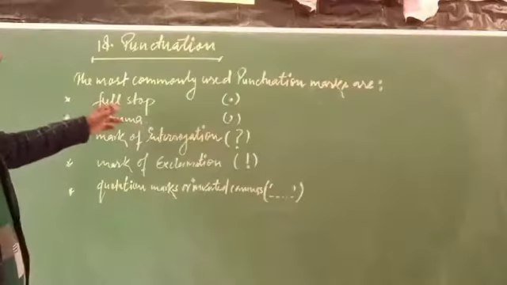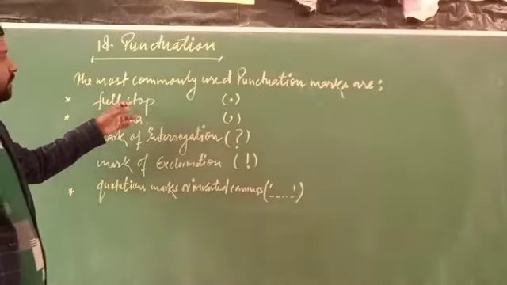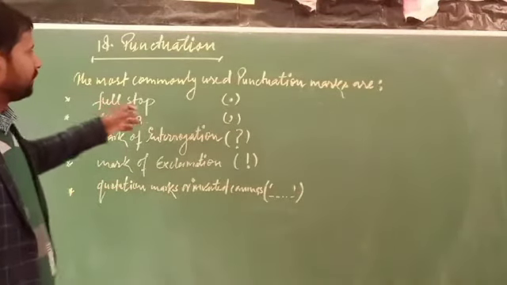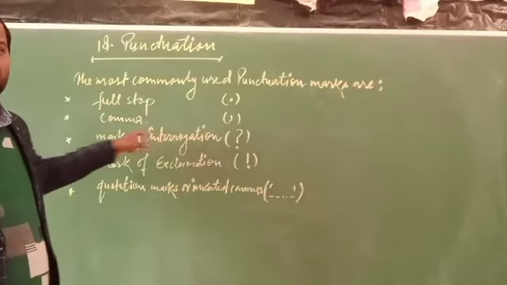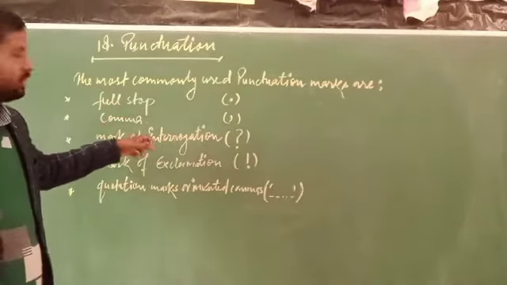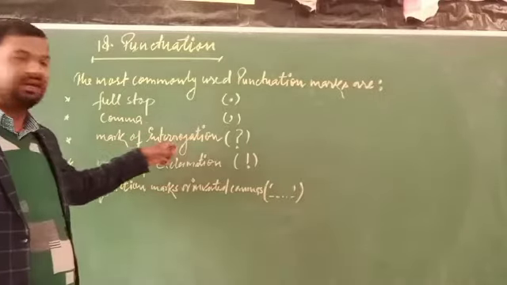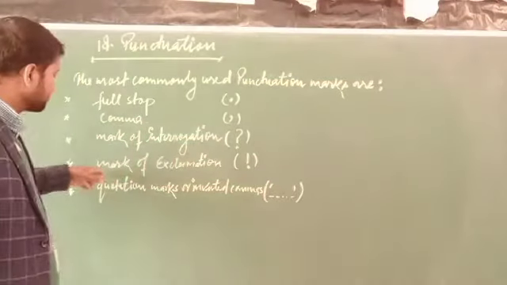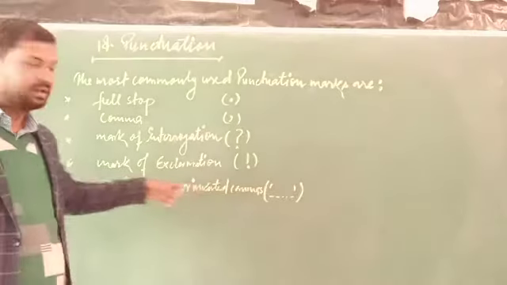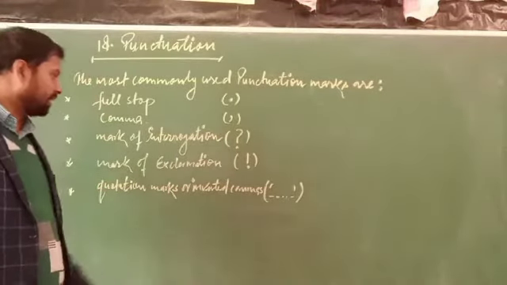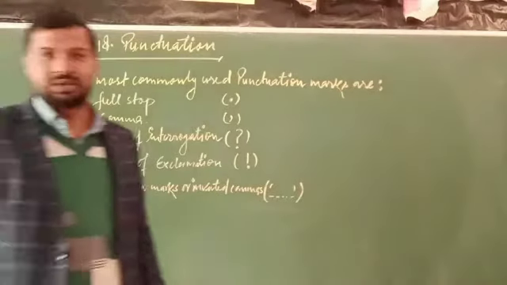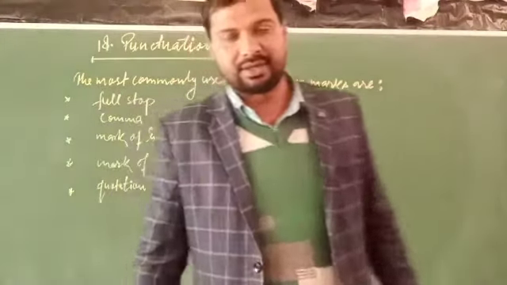You see, there are chiefly 5 punctuation marks. The first is full stop, second is comma, third is mark of interrogation, next is mark of exclamation, and the last is quotation mark or inverted commas.